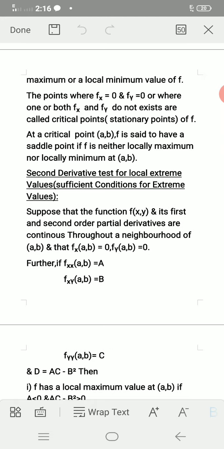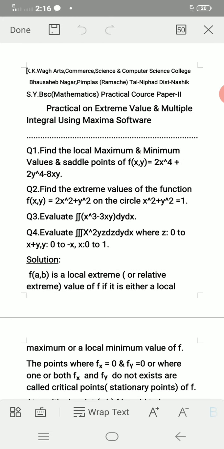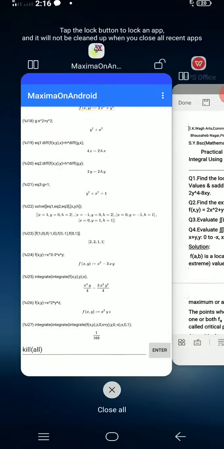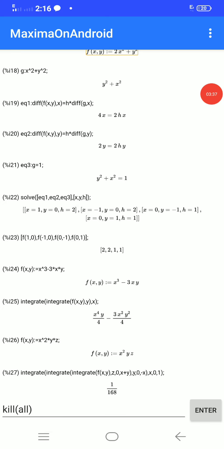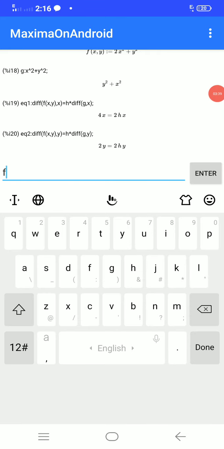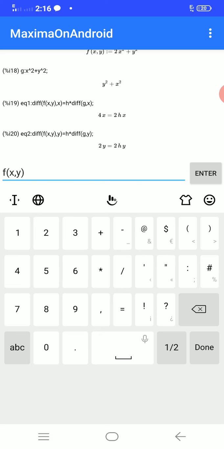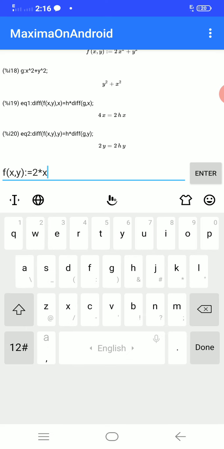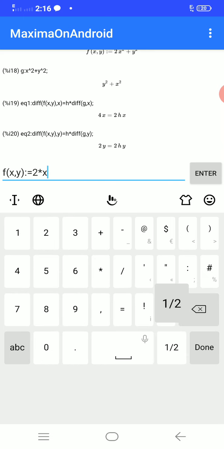So next, the first example we perform in Maxima software. Let us open Maxima software. First assign the function f(x,y) using colon equal to for assigning a function. The function is 2x raised to 4. There is multiplication, so we use star for multiplication.